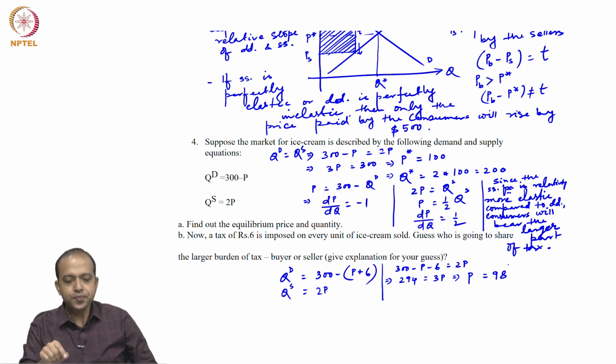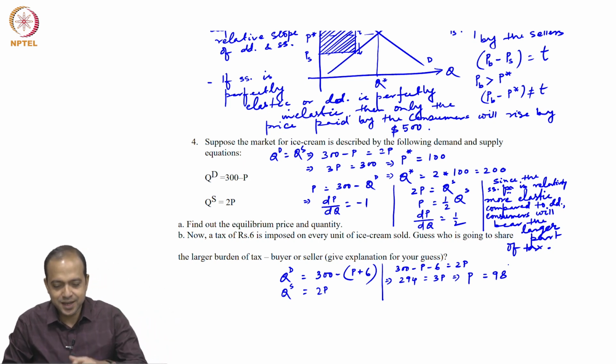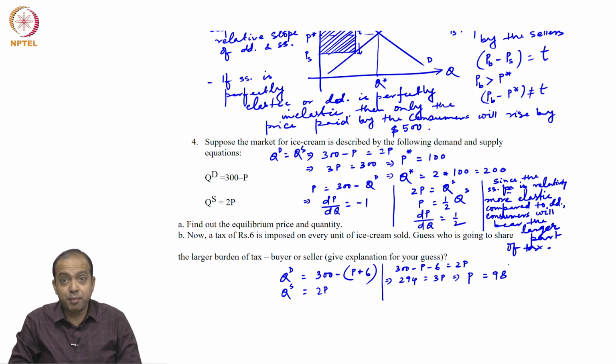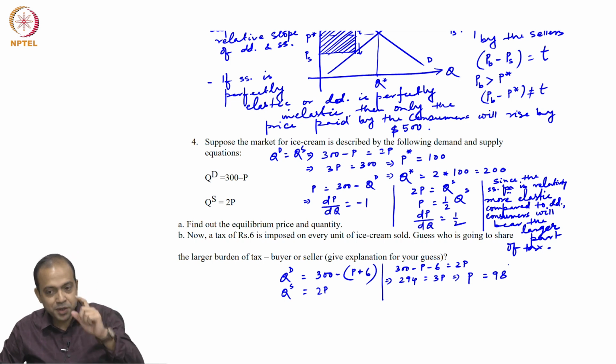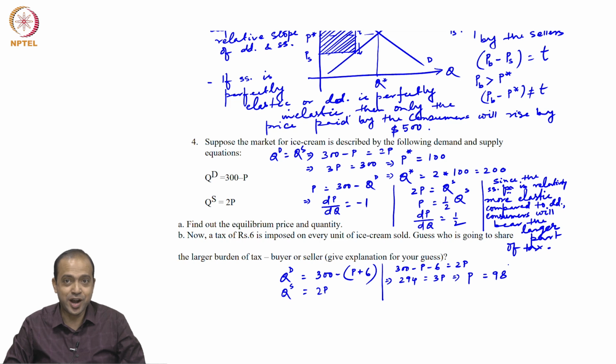Since we assume in this case that the tax is imposed on the buyer, you will be tempted to write this as PB, but that is not the case, because before imposition of tax, look at the equilibrium price, that was 100. So, after imposition of tax, the price paid by the consumer cannot be less than what they were paying earlier.